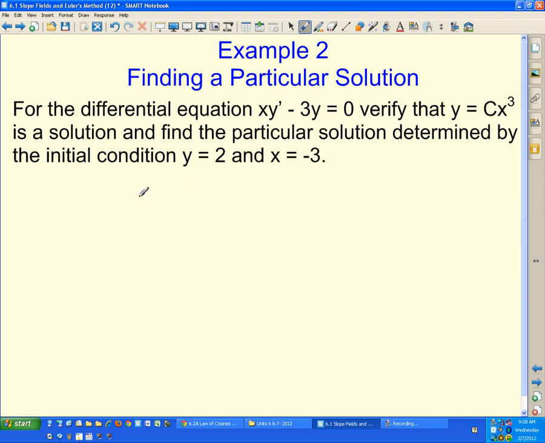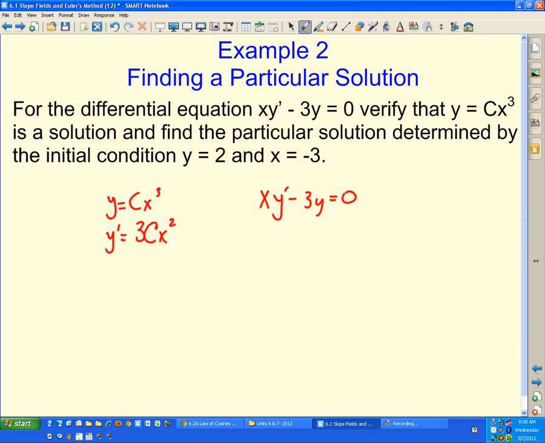So if I have y equals c x cubed, you notice I have a first order differential equation for xy prime minus 3y equals 0. I can take the derivative of what was given to me, which would be 3cx squared.